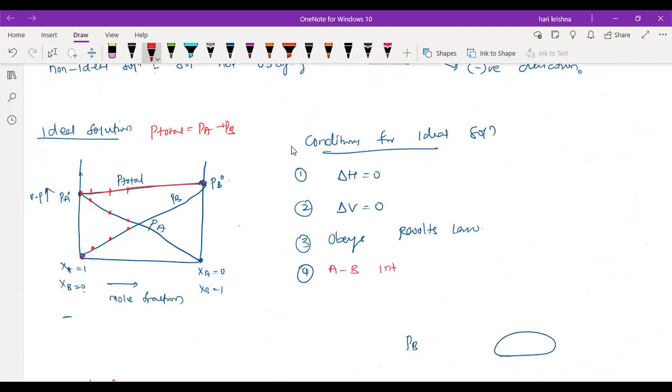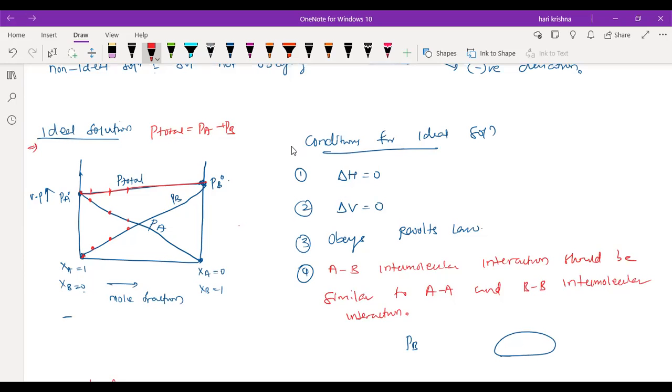AB intermolecular interaction should be similar to AA and BB intermolecular interaction. Then only it will follow the ideal solution.